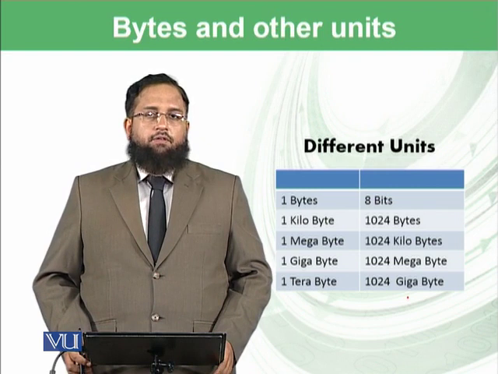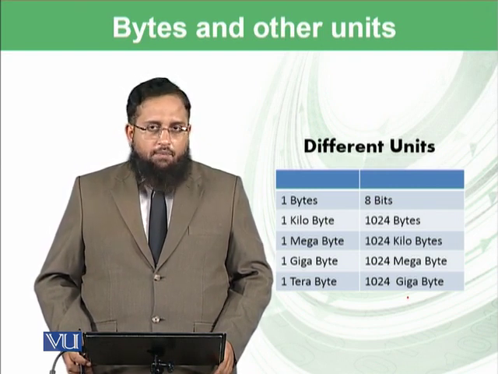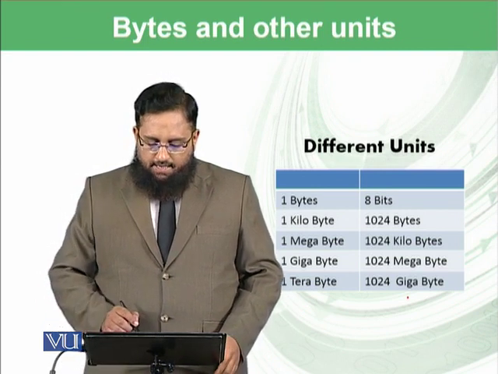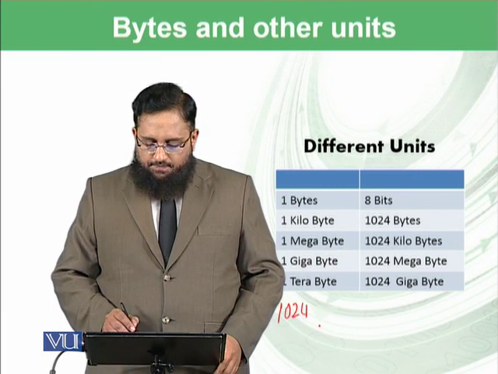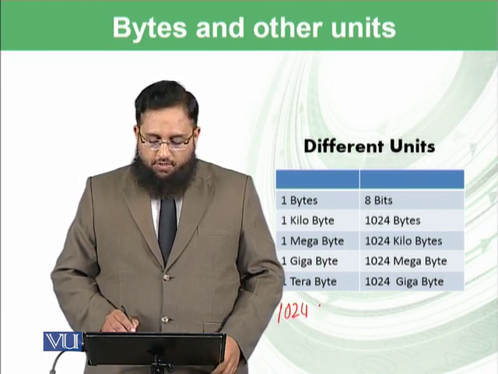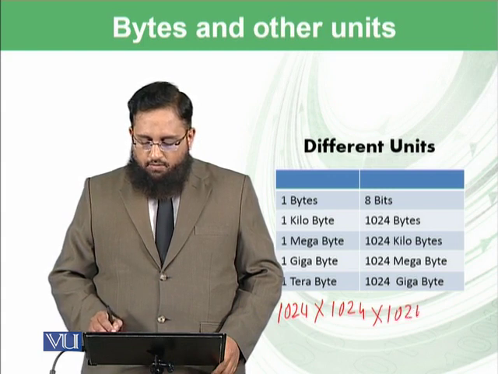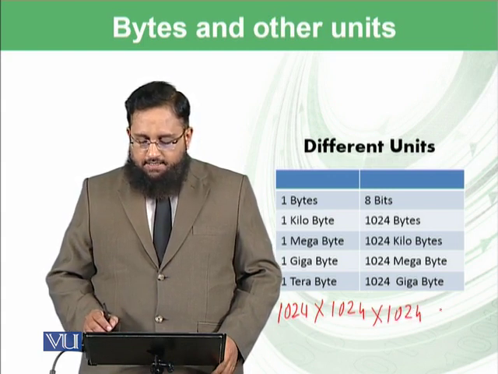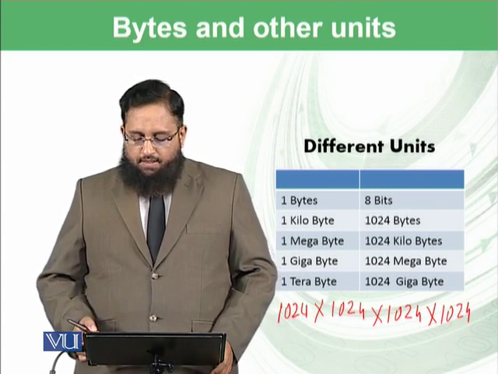So for example, if you say that you have a hard drive of 1 terabyte, this means it has 1024 gigabytes. If we want to find how many megabytes it has, you will again multiply by 1024. So it will become megabytes, and then multiplying by 1024 will become kilobytes, and then multiplying by 1024 will become bytes.